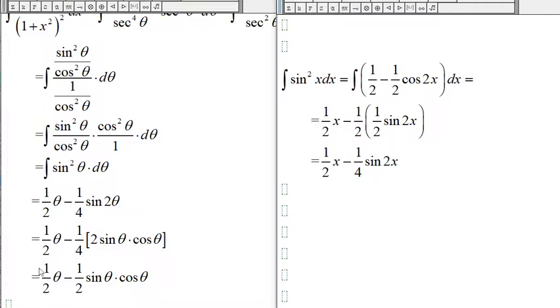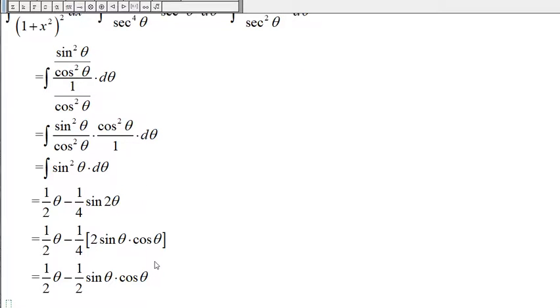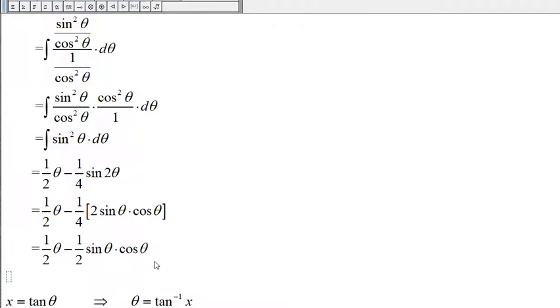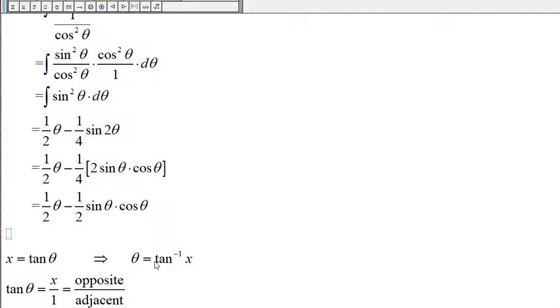And now we need to rewrite this in terms of x, since the original problem was in terms of x. Earlier we had x equal to tangent of theta, which means theta is equal to tangent inverse of x. So in the place of this theta right here, we can put tangent inverse of x.